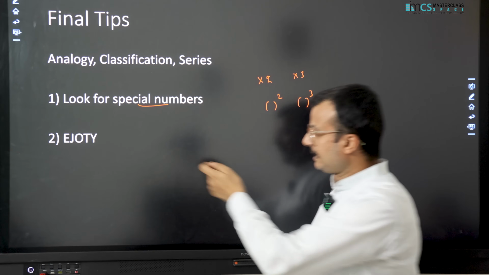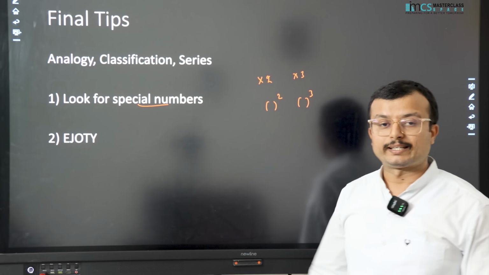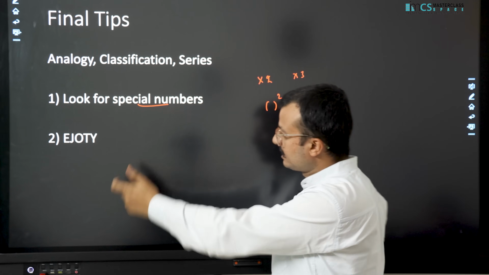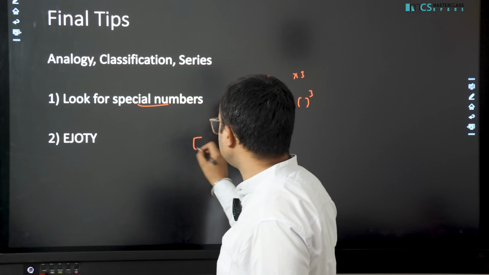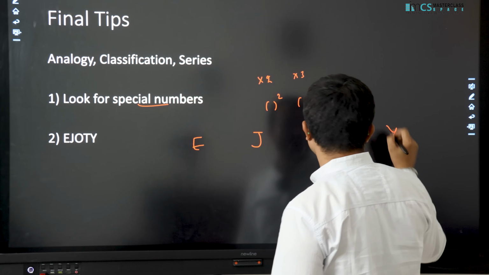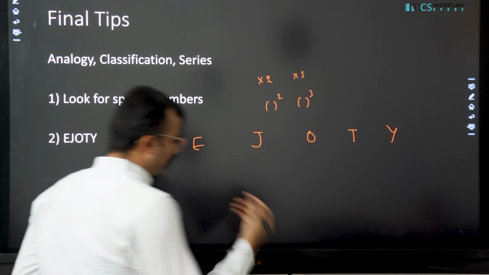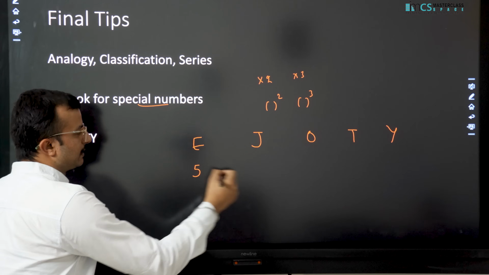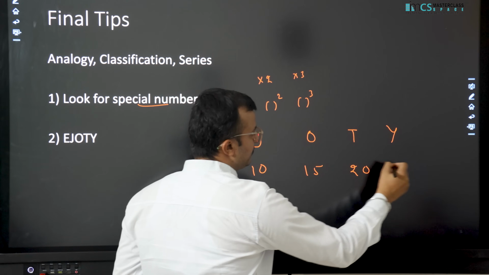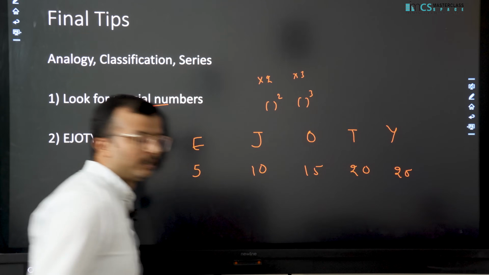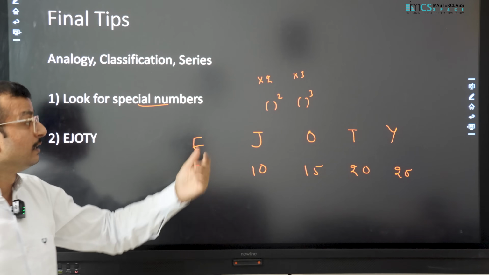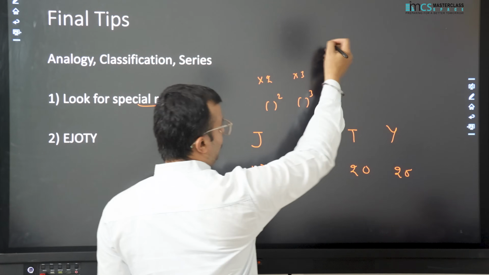Isoti, it seems like a kind of mnemonic. It does not have a full form. Isoti essentially is E, J, O, T and Y, the numbering of alphabets: 5, 10, 15, 20 and 25. There would be questions in these topics where you might be asked the numbering.